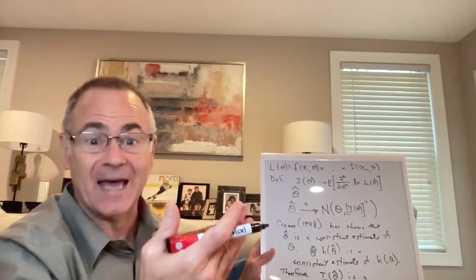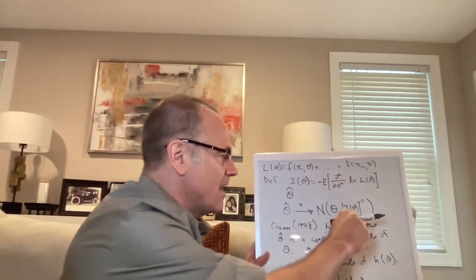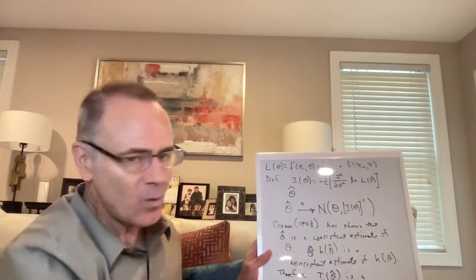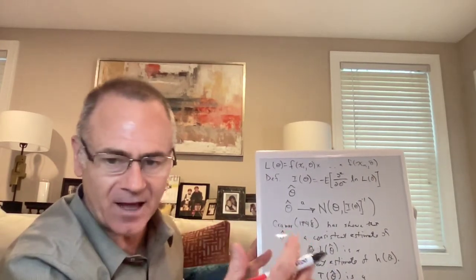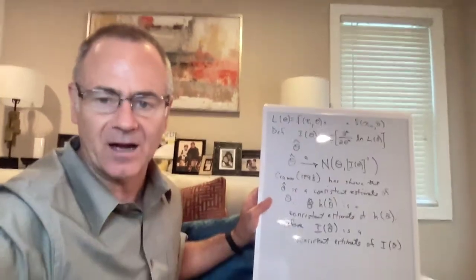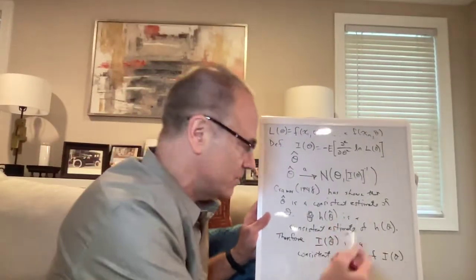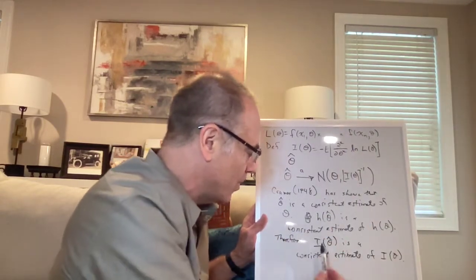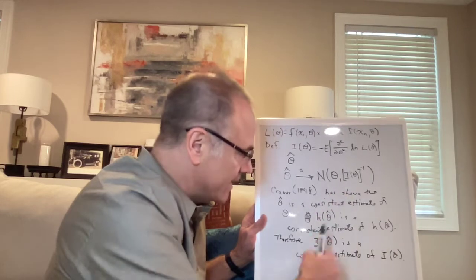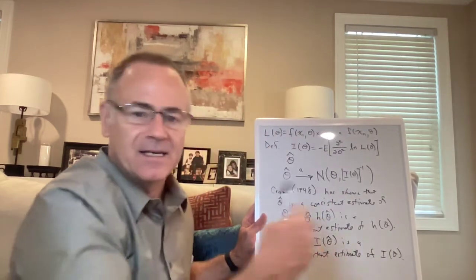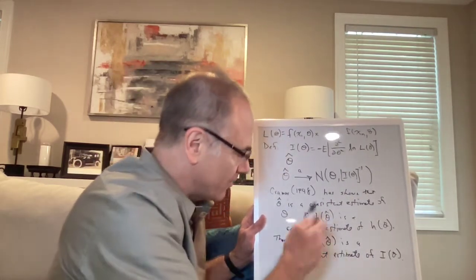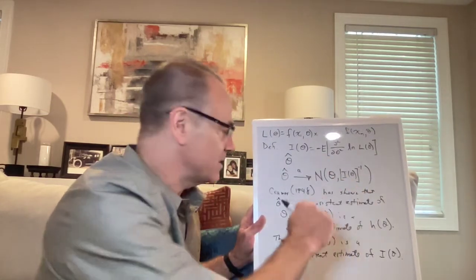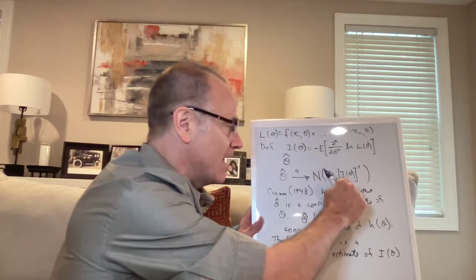That's why it's called big H. We'll take the negative of that, then take the inverse of that. We can have a computer do all these calculations for us. Once we do that, we'll know that I of theta hat is a consistent estimate of what we want.